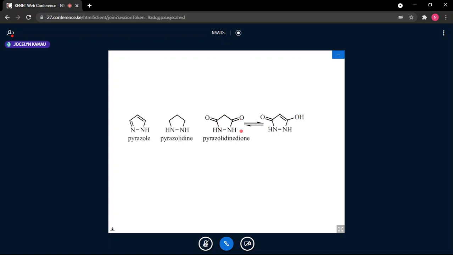Now, if you lose one of those acidic hydrogens as a proton, the electrons of that acidic hydrogen can come in and push the group out.